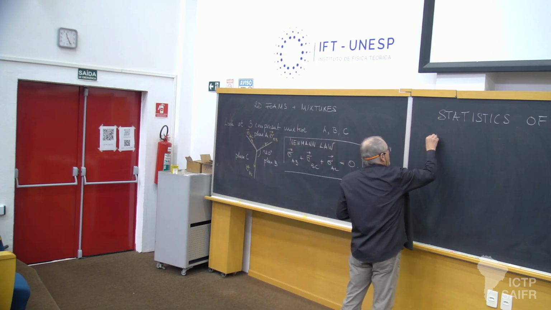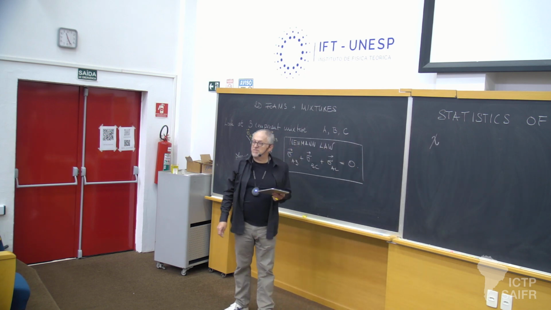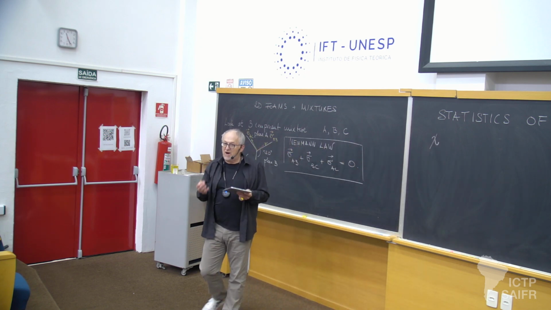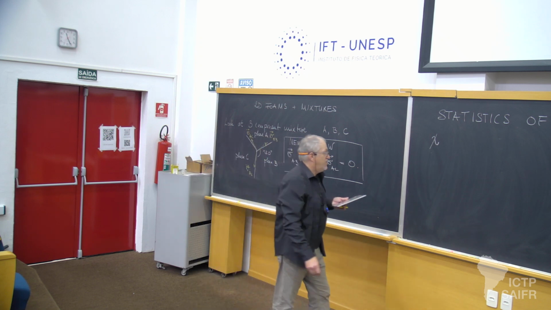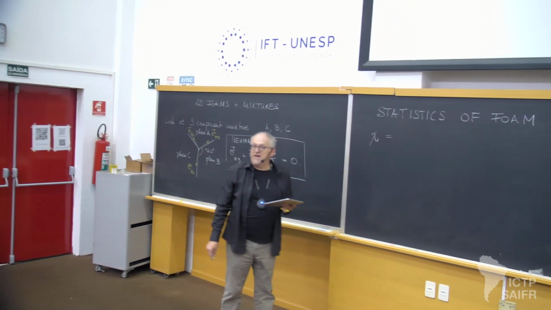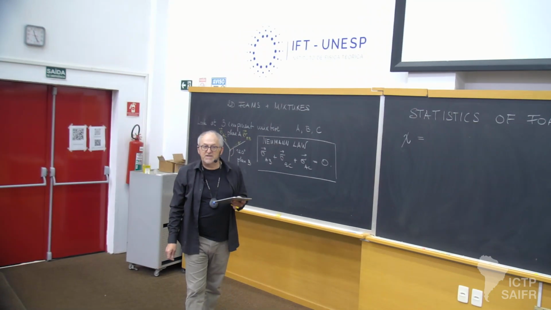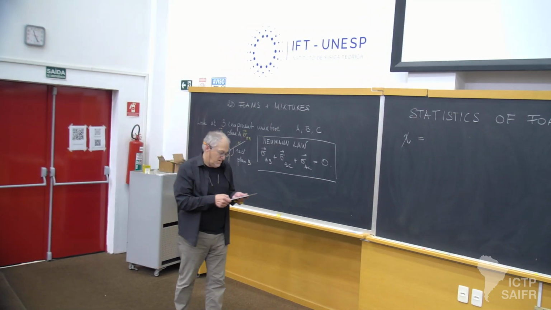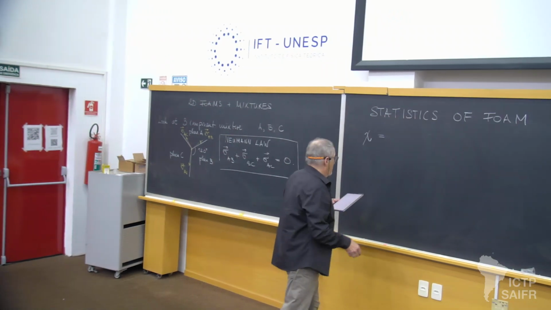Well, this relates the physics of these objects to a very powerful tool in mathematics, namely topology. There is a quantity called the Euler characteristic, called chi, and this Euler characteristic is a topological invariant. It just depends on very general properties of the space that you're in.